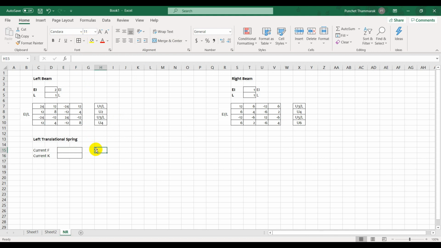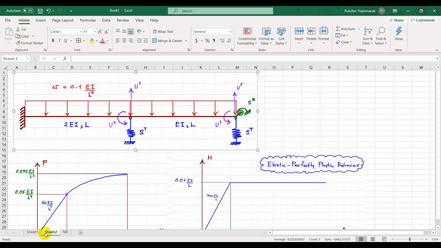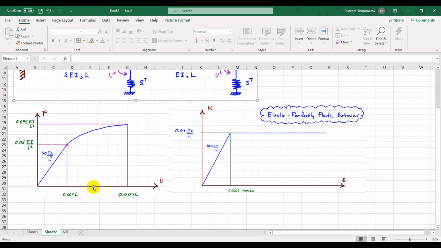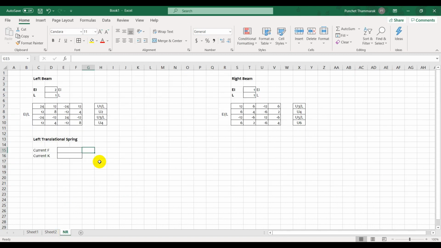For the force, remember EI over L square, and the stiffness is over L cube.